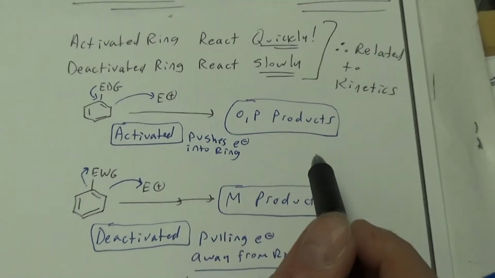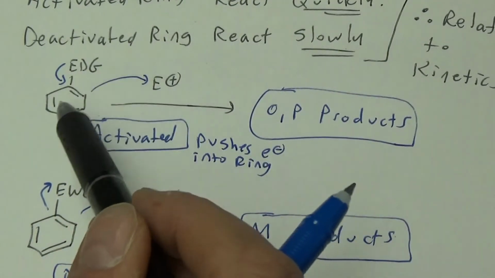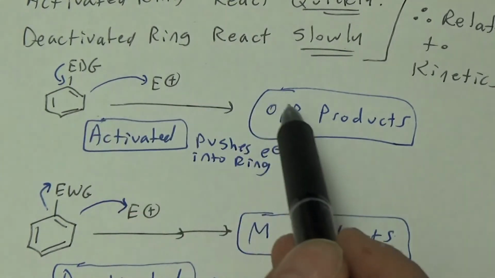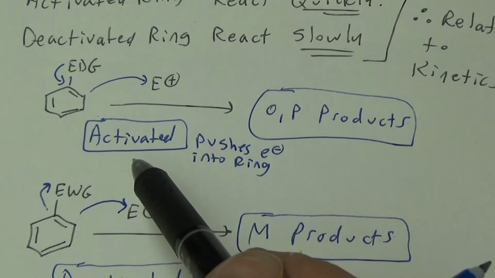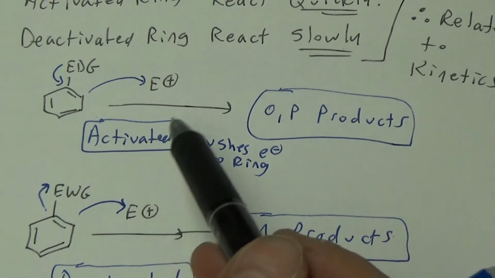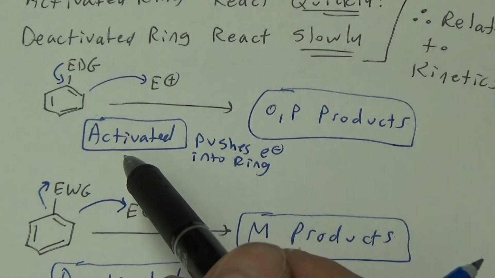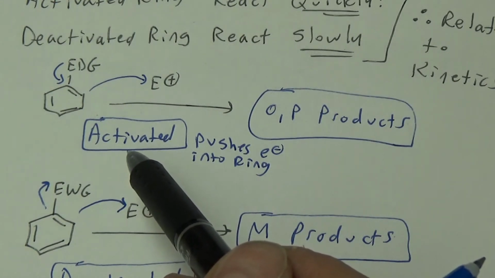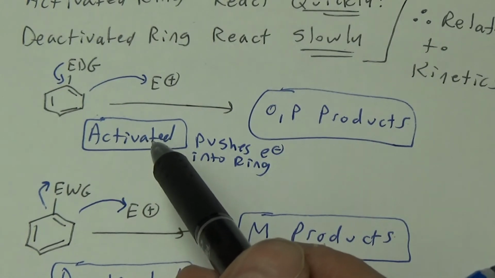But we're going to find one instance where certain donating groups are ortho-para directors but are deactivators. And those are the halogens. So chlorine and bromine are a little bit electron withdrawing by induction, and that's why they become deactivators.